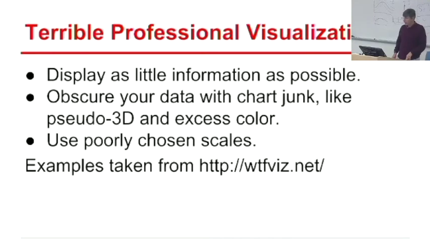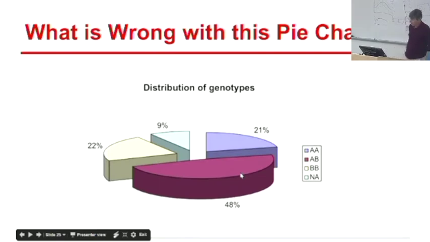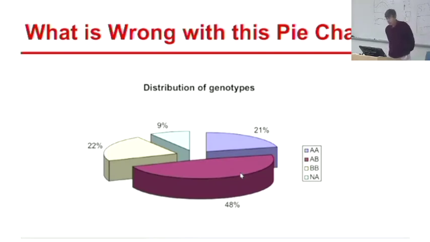Now, there are also professional visualizations that are terrible. There's a site called WTFviz.net. What does WTF stand for? Okay. So it's worth taking a look at it. But here are some thoughts I got from that. Here's a pie chart.